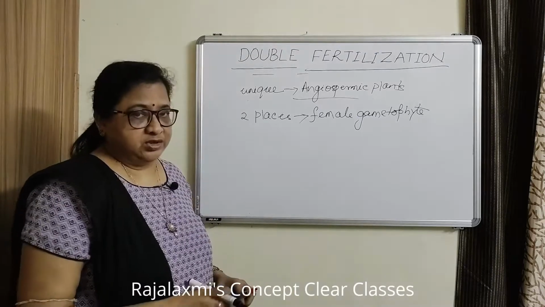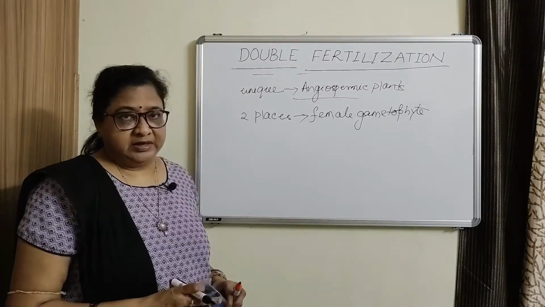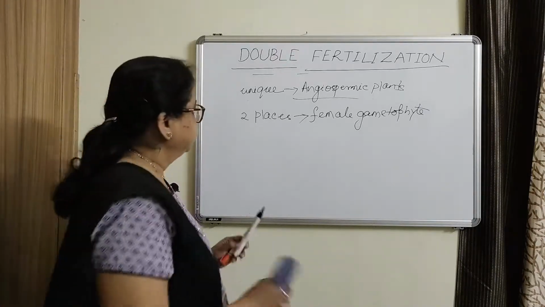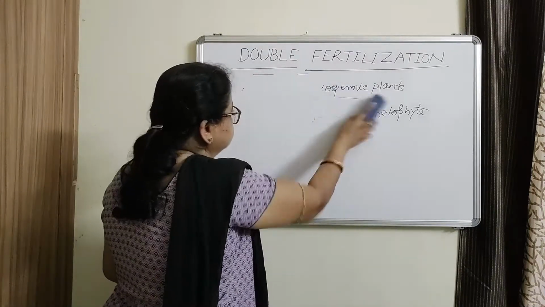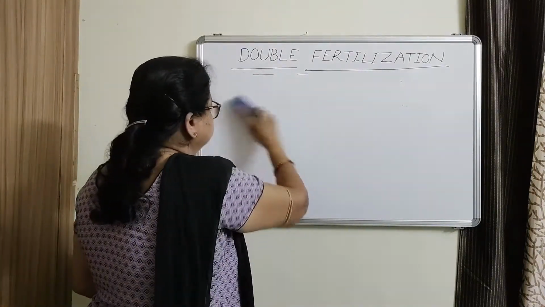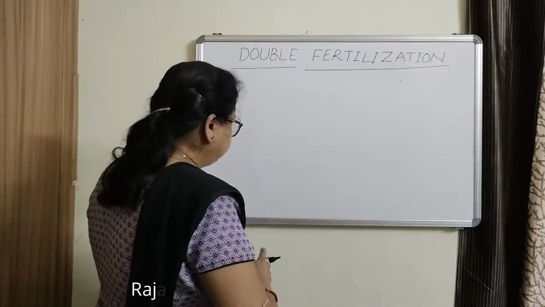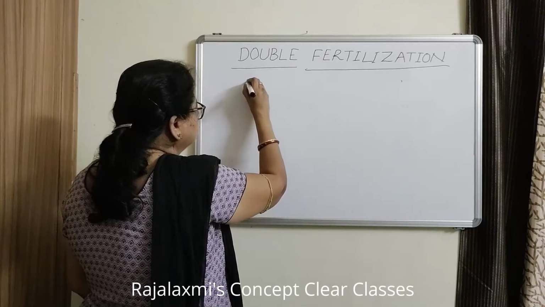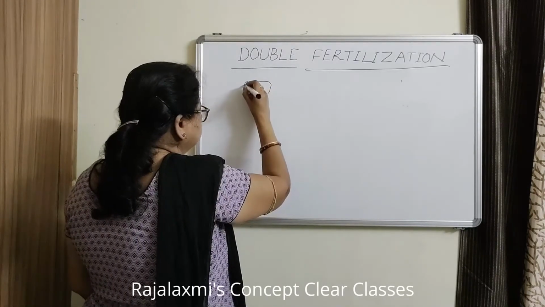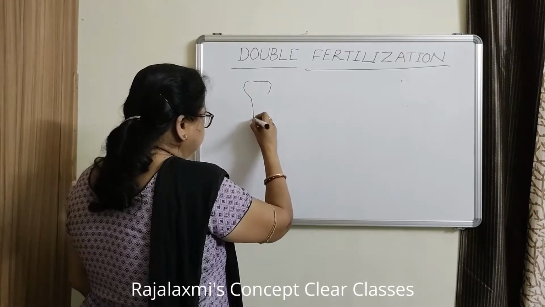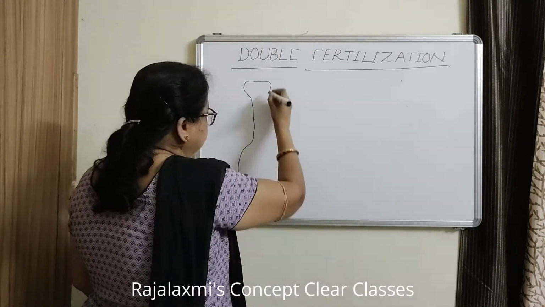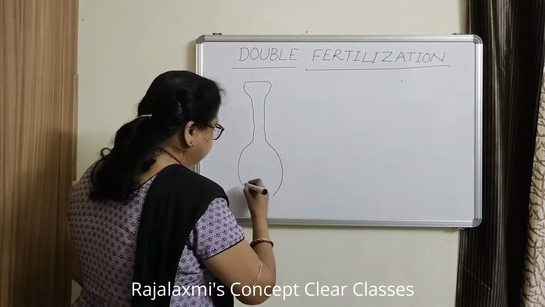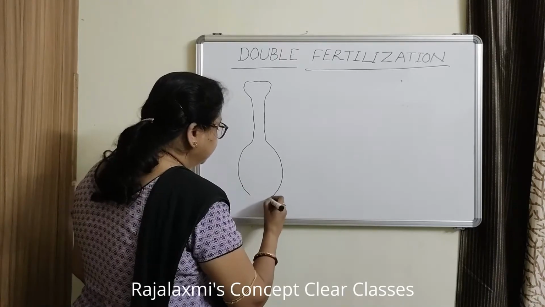Before the act of fertilization, a mature female gametophyte is already formed inside the ovule. Let's draw the diagram. If we draw the diagram of a pistil, we find that there are three parts.